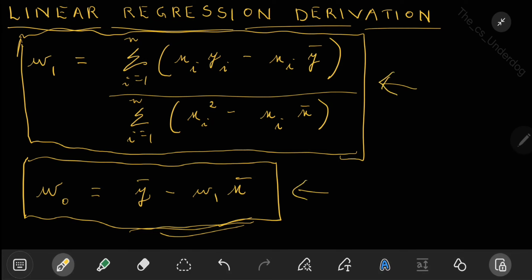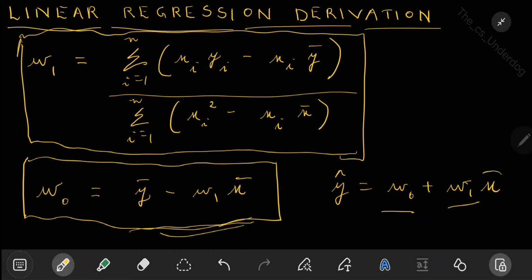So this is the final derivation. You got the values of w0 and w1. What you should do is substitute this in the equation y cap is equal to w0 plus w1 x. Here you have the value of w0 now. You also know the value of w1, which means if you are given any new value for the independent variable x, from that particular value of x you can derive the value of y. This is the whole idea of linear regression.